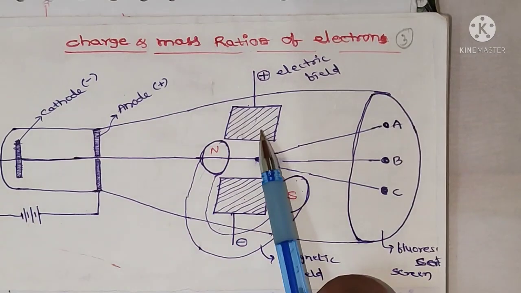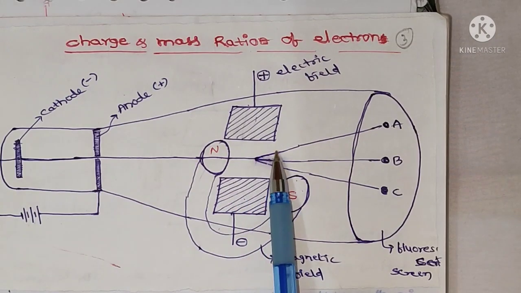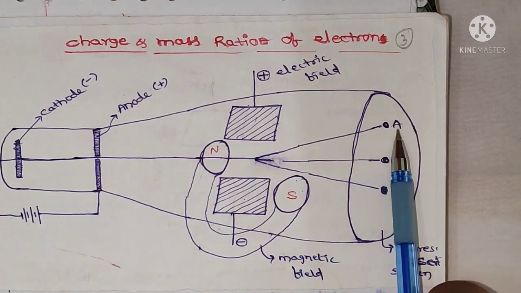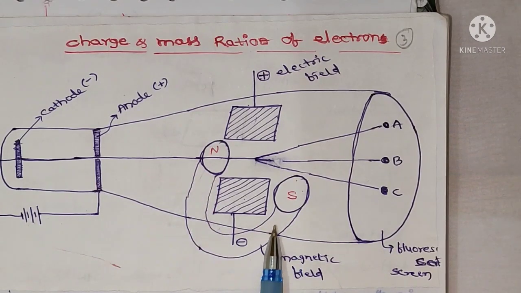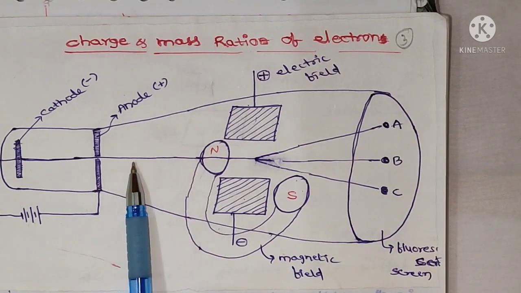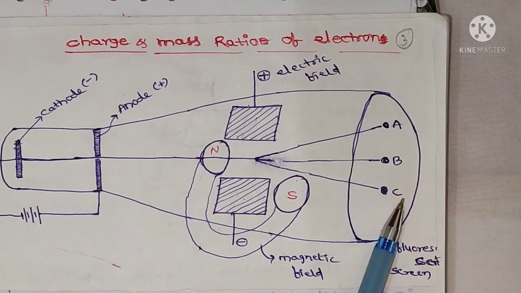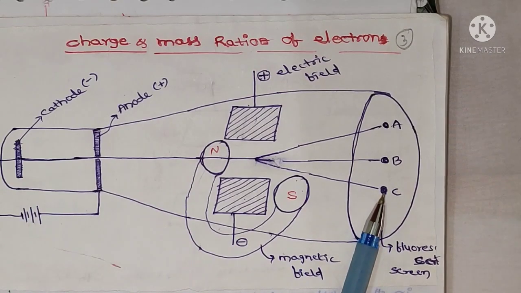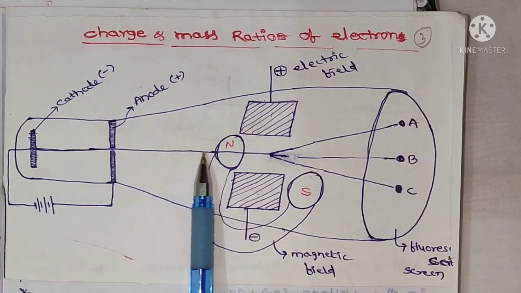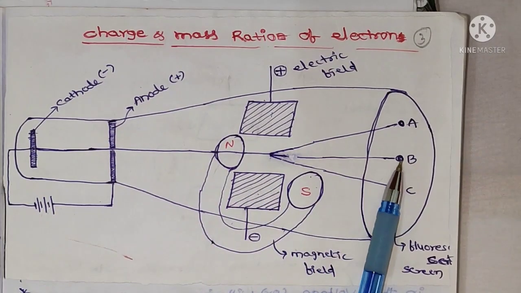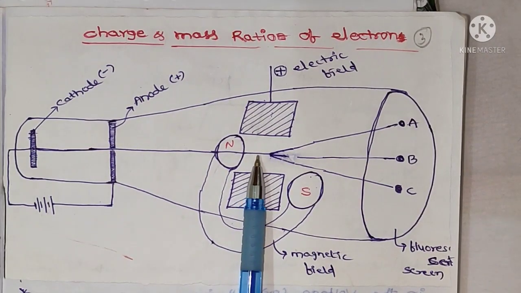In the absence of both fields, the electron hits the fluorescent screen at point B. There is no deviation in the path of electrons.